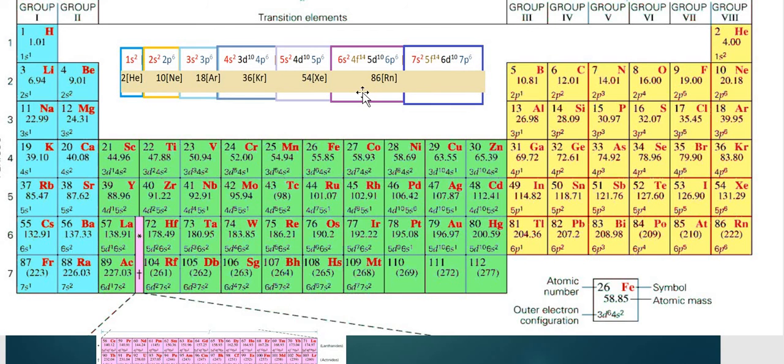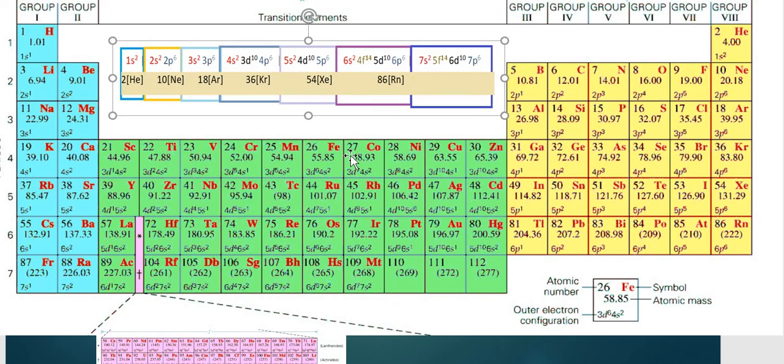Now, the second thing I want you to know is how to write the electronic configuration. You remember we did in our 11th grade structure of atom chapter: 1s2, 2s2, 2p6, 3s2, 3p6, 4s2, 3d10, 4p6, 5s2, 4d10, 5p6, 6s2, 4f14, 5d10, 6p6, 7s2, 5f14, 6d10, 7p6.